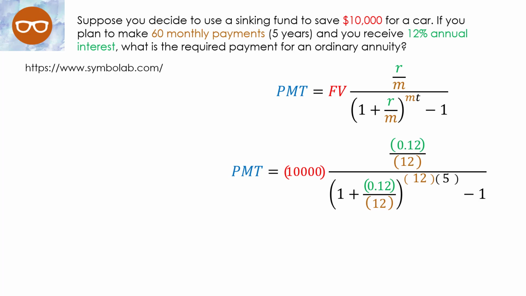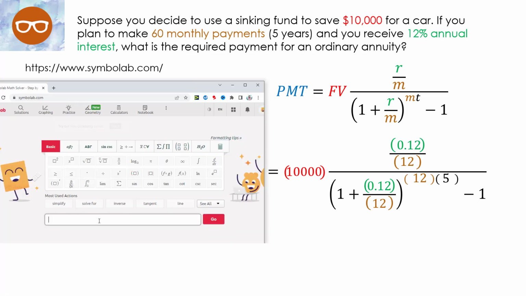Let's go over to Symbolab and plug it in to see what our payment needs to be. Okay, so we're talking about $10,000 we want for our new car. I'm going to do parentheses. We're going to have a fraction. In the top of our fraction is another fraction, so it's going to be 0.12 over 12.